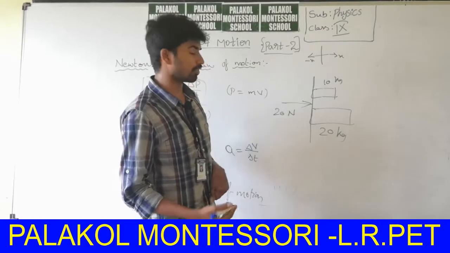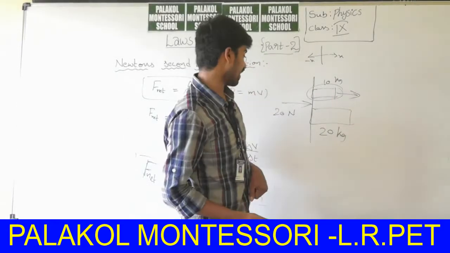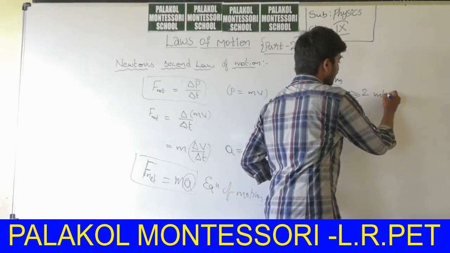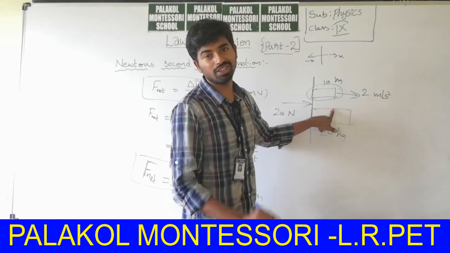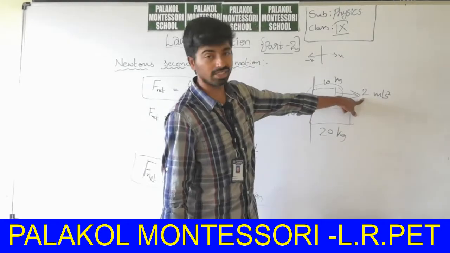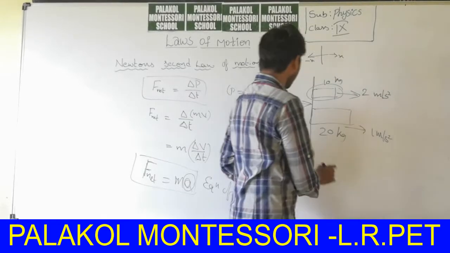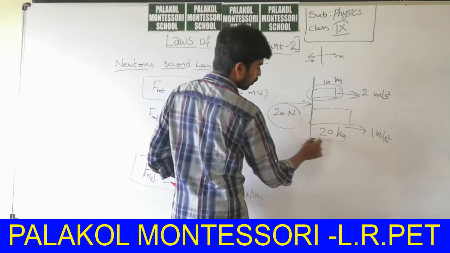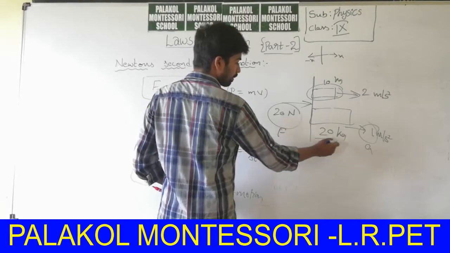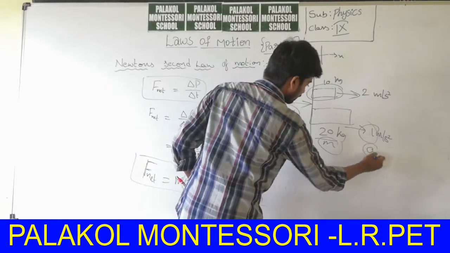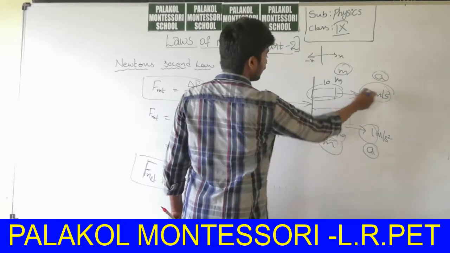This smaller object will accelerate 2 meters per second square, so the speed of the object will increase 2 meters per second in 1 second. This is the acceleration. Whereas this object will accelerate 1 meter per second square. Here, 20 into 1, mass into acceleration is equal to force. Here, 10 into 2 is 20.